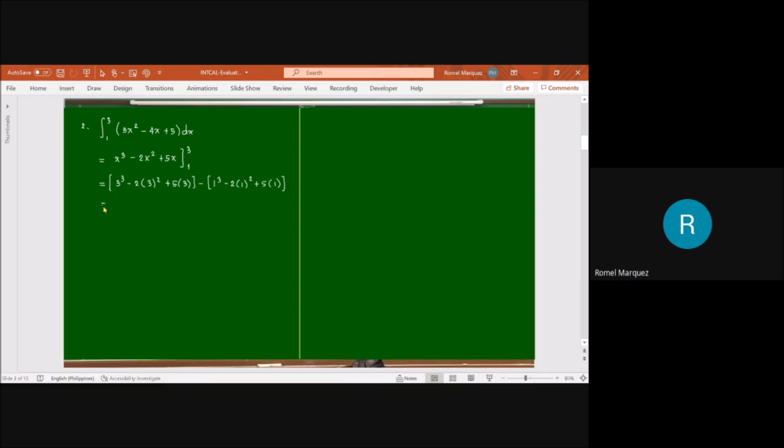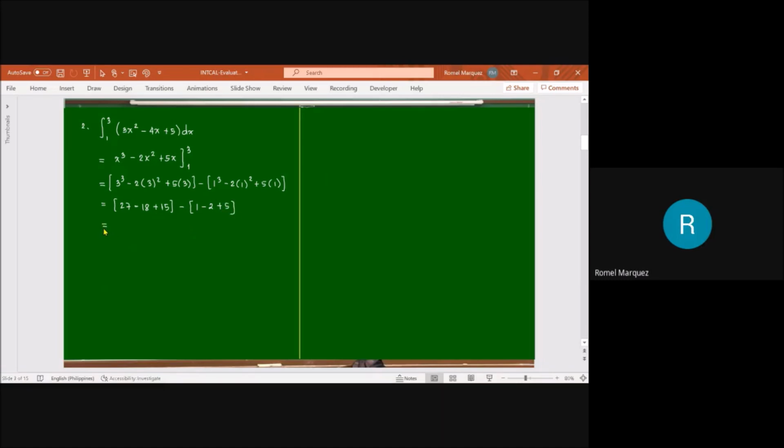So for the first expression here, that is 27 minus 18, no? Plus 15. What about the second group? We have 1 minus 2 plus 5.